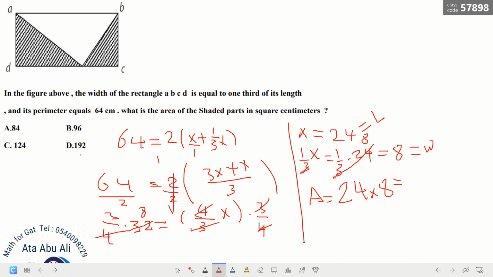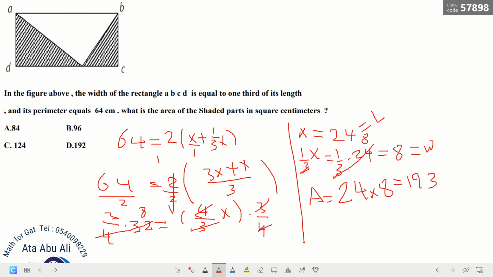The answer is 192, sorry. This is the area of what? This is the area of the whole rectangle. But I want the shaded part.